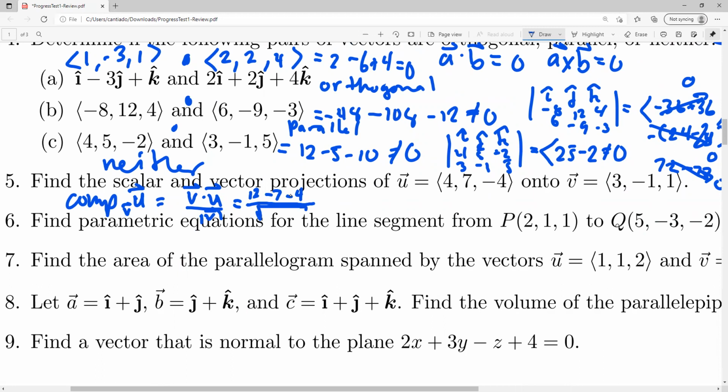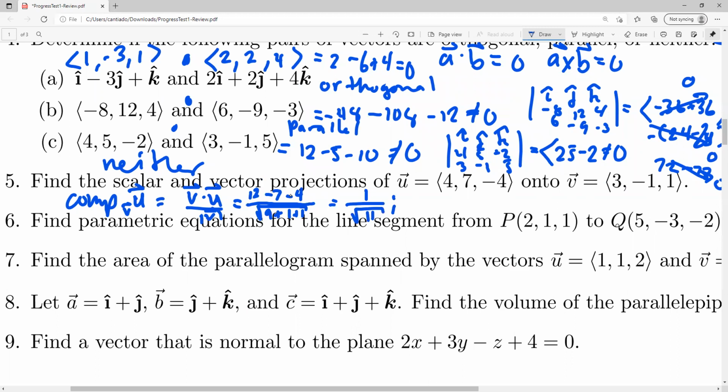So that's 3 squared is 9, plus 1 plus 1. So this is 12 minus 7 minus 4, that's 12 minus 11. So this is 1 over the square root of 9 plus 1 plus 1, which is 11. And that right there is an answer you can take. This is the scalar projection, or the component of u onto v.